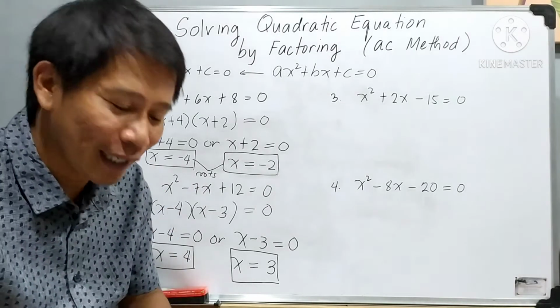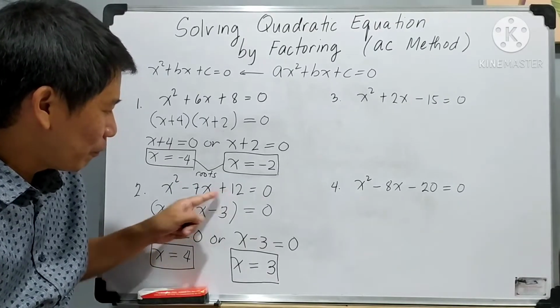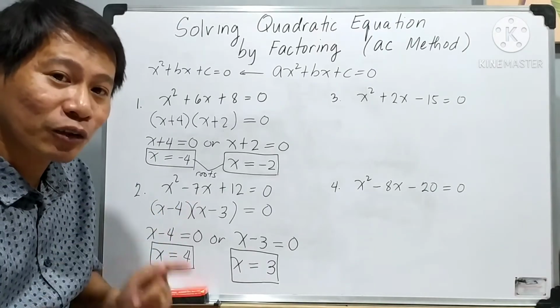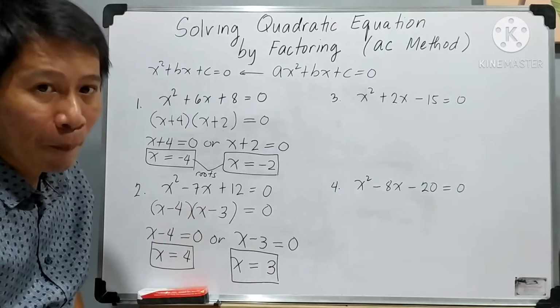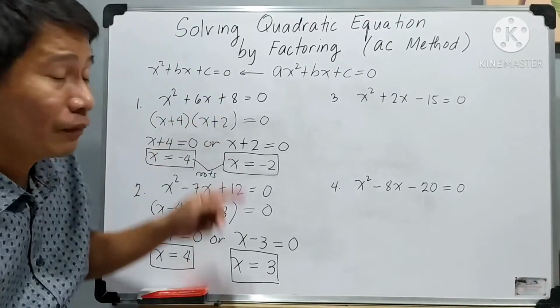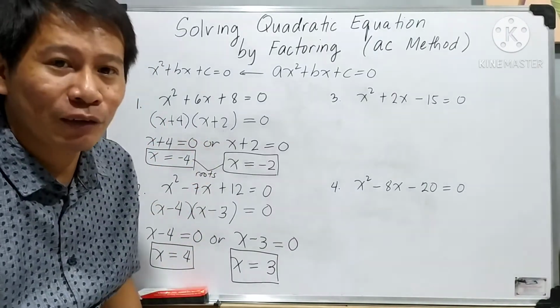So, tandaan po ulit ha, kapag ang dulo ay positive at ang gitna ay negative, ang factors na i-consider natin ay dalawang negative. Pero, pag parehas positive, definitely, parehas din positive ang factors.